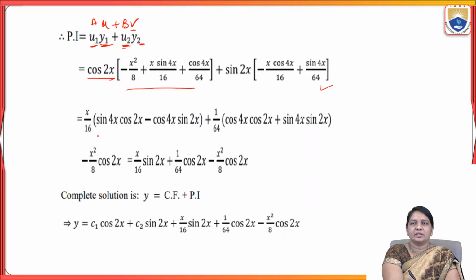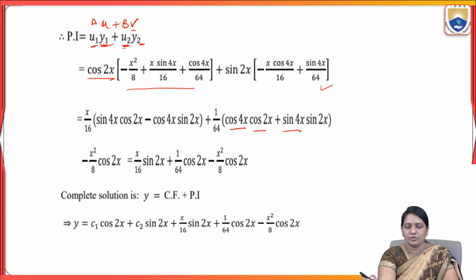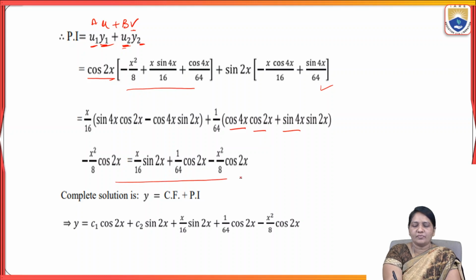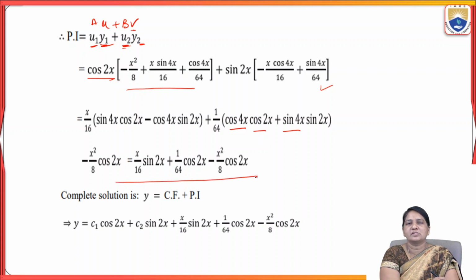So after simplifying this, we are getting x by 16 into sin 4x cos 2x minus cos 4x sin 2x, plus 1 by 64 into cos 4x cos 2x plus sin 4x sin 2x. After simplification we are getting this value. So finally this is the particular integral.